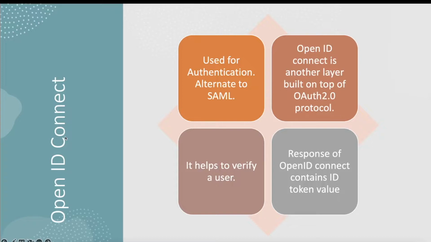It is helpful to verify a user. The response of OpenID Connect contains an ID token value. This ID token contains information about the user, like their name and some profile data, like email address. We can learn about that in the OpenID Connect video.